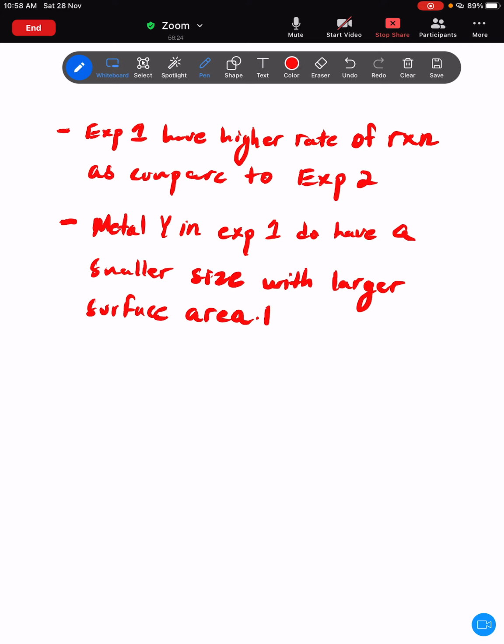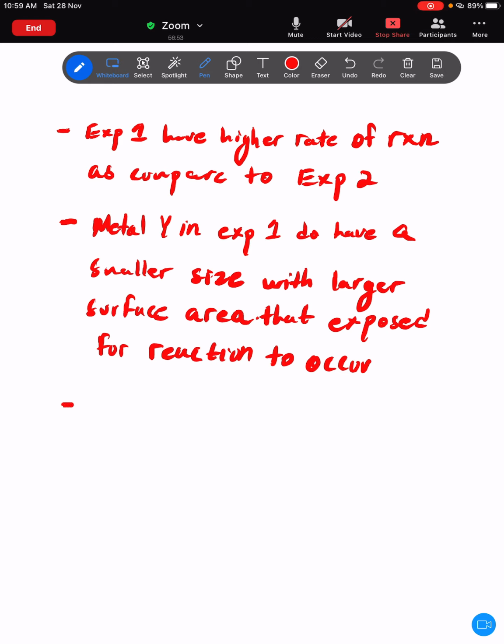Area that is exposed for reaction to occur. Okay. Sebab dia punya saiz kecil, lebih banyak luas permukaan yang terdedah untuk berlakunya tindak balas kimia.